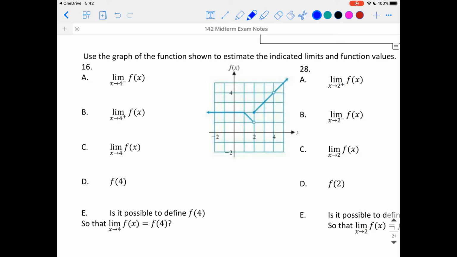So we have this function, and at x equal to 4, coming from the negative side, which is the left side. So I'm going to put a point at x equal to 4. I'm interested in that point right there.